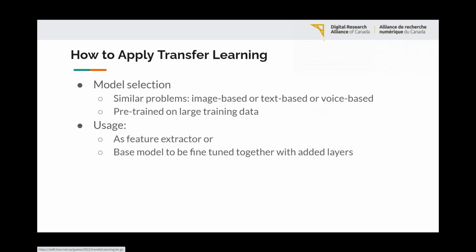So first thing in transfer learning is consider how to choose models. I mean those pre-trained models. So it's all depends on the task you are going to work on. If you are gonna create a neural network to classify images, then you need to choose a model that is image-based. And secondly, how to use the base model. You can use it as a feature extractor, which means it only provides features.